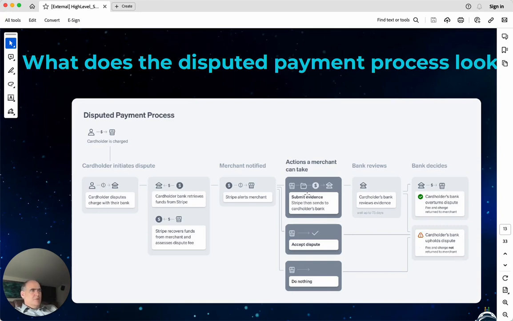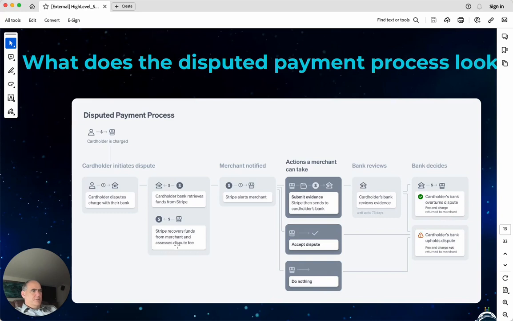Then the other one is you can submit evidence. Stripe then sends that to the cardholder's bank. The cardholder's bank reviews the evidence. That's the bank that took the money in the first place, took the money back. They review the evidence, and then they've got two choices. They either uphold the dispute, and the fee and charge are not returned to the merchant, or the cardholder's bank overturns the dispute, and the fee and charge are returned to the merchant.